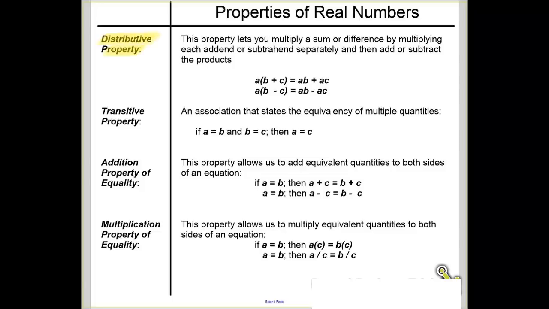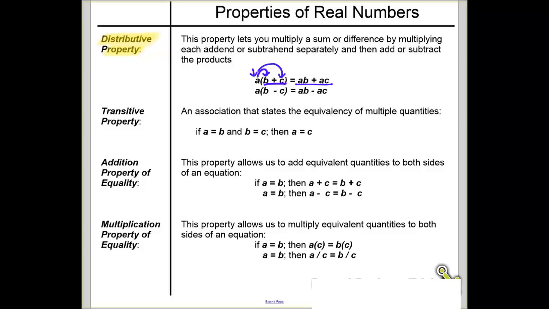Next we have the distributive property, and this kind of lets you get around the order of operations a little bit. It allows you to multiply numbers across addition or subtraction. In the example here, we have b plus c inside the parentheses. Normally we'd have to do what's inside the parentheses before doing anything else. But since I don't know what b and c are, but I do have a multiplier on the outside, which is a, I can still distribute the a by multiplying a and b and a and c together, and the result will be a times b plus a times c.